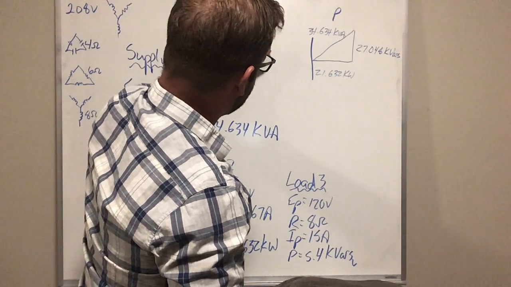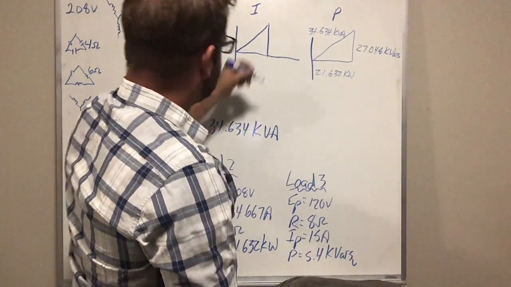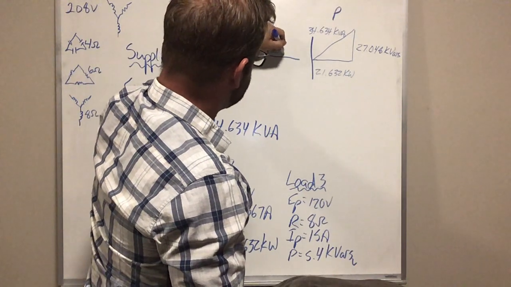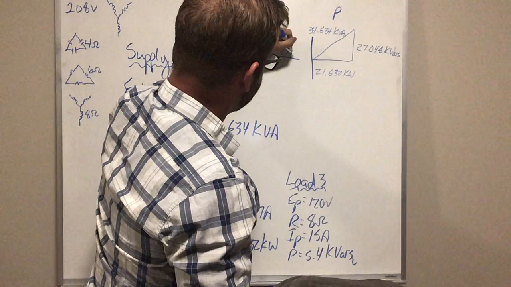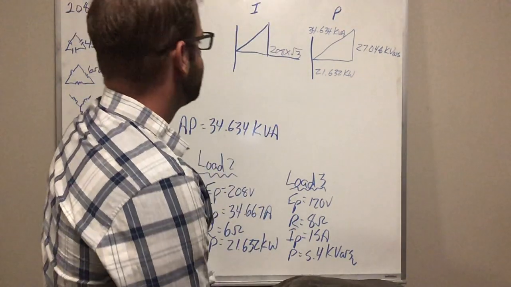And remember I said that it was the line voltage. So our line voltage was 208, and then we multiply that by a value of root 3, because we're using line values, not phase values.